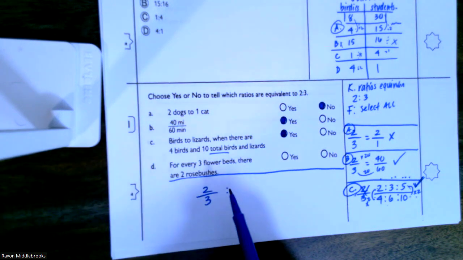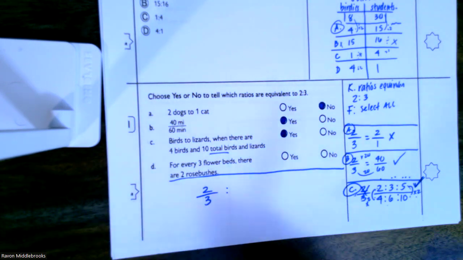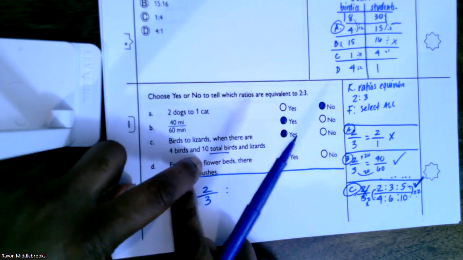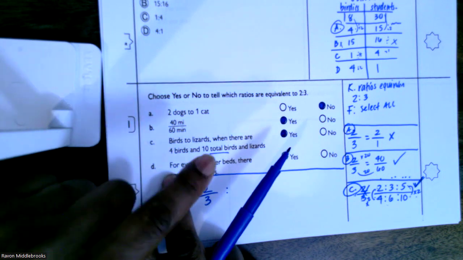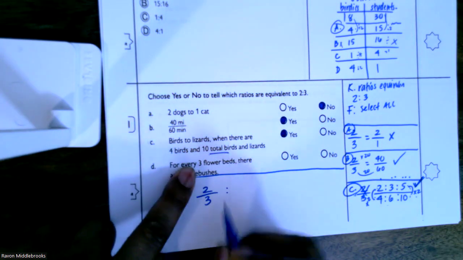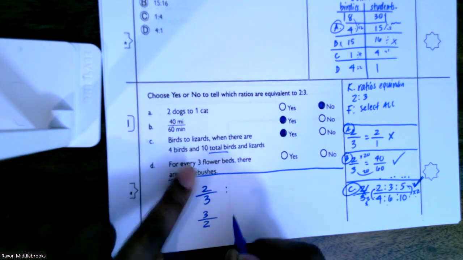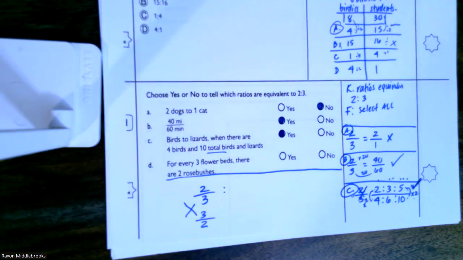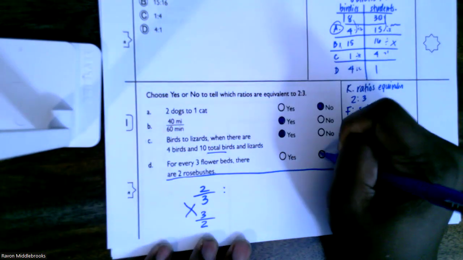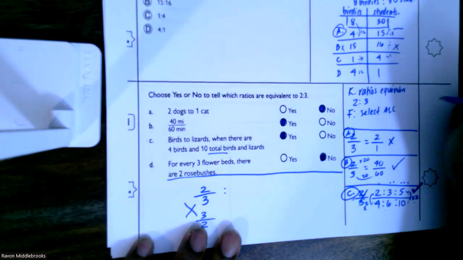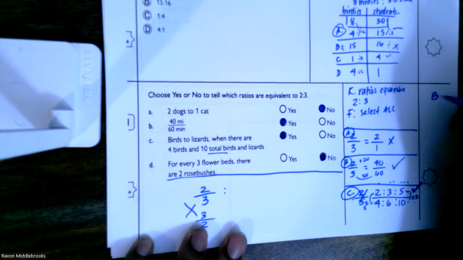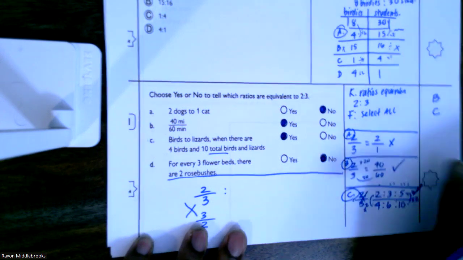For example, if it said ratio of flower beds to rose bushes, there are 2 flower beds to 3 rose bushes, I would have known. But here this says 3 to 2, and that is not the same thing. In the ratio, it has to follow this correct order. So the answer choices are B and C.